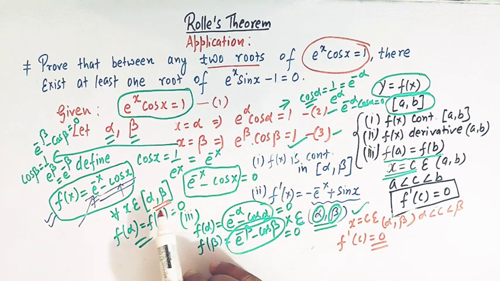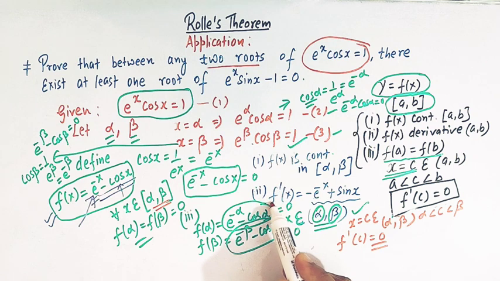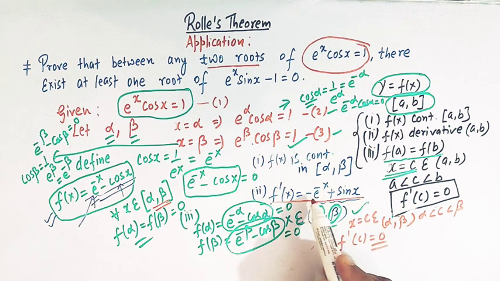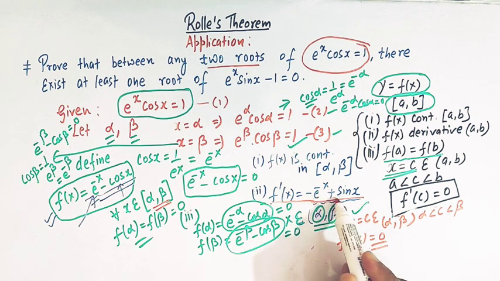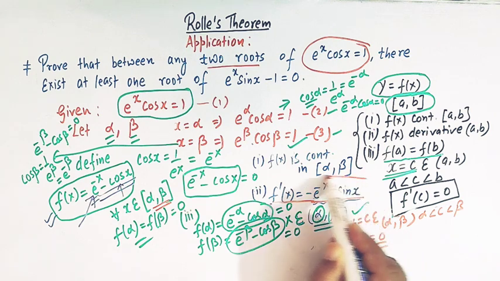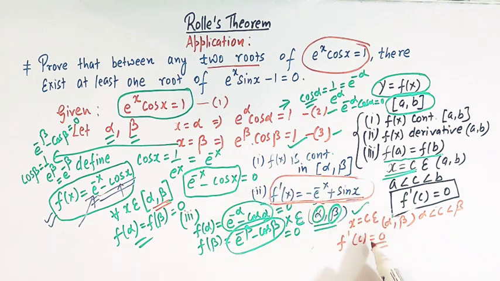Now see, the expression for f prime of x is equal to minus e raised to minus x plus sine x. So we can substitute x is equal to c in this equation. So f prime of c is equal to 0.